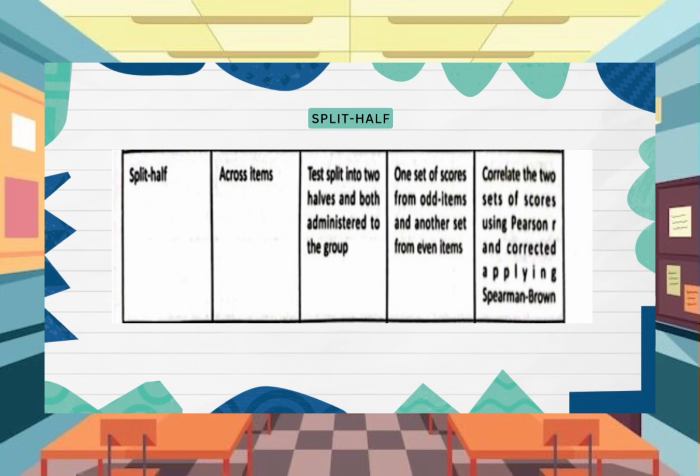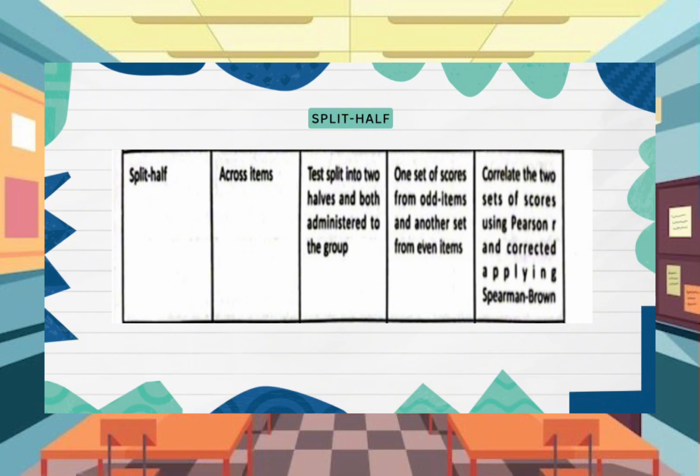The data: one set of scores from the odd items and the other set from the even items. The statistical analysis is to correlate the two sets of scores using Pearson and apply Spearman-Brown. So the split half divides the test into two halves using odd-even split.